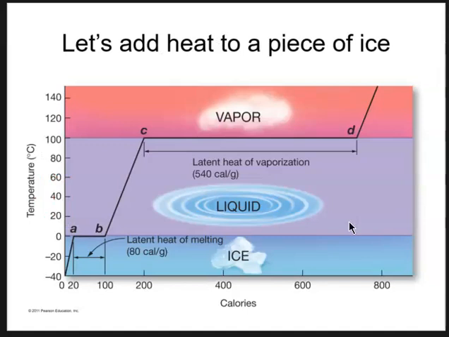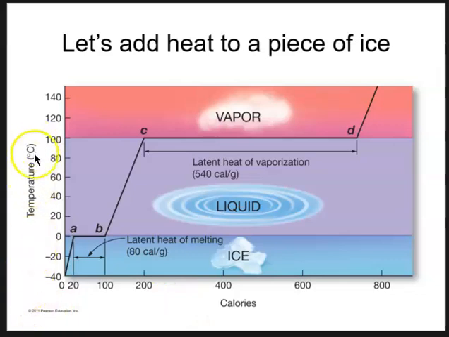Okay, so let's look in a little more detail at what happens when you take ice, put heat into that ice to form a liquid, and continue to put heat into it. What we're going to look at here is what happens when we take 1 gram of ice that is at negative 40 degrees Celsius and add 20 calories of heat. On the x-axis we have calories, so you can think of that as energy being added to the ice.